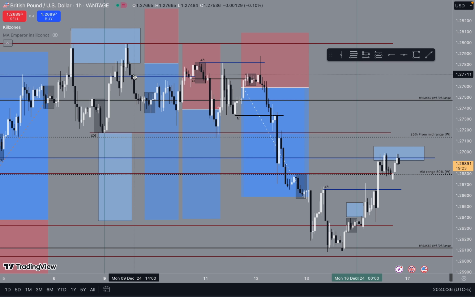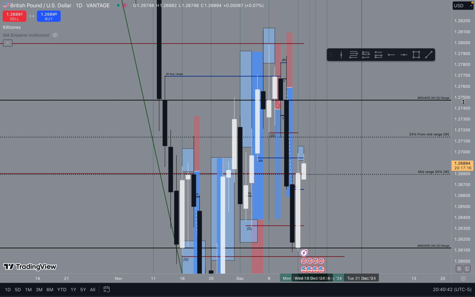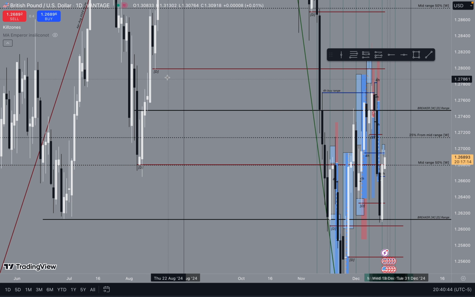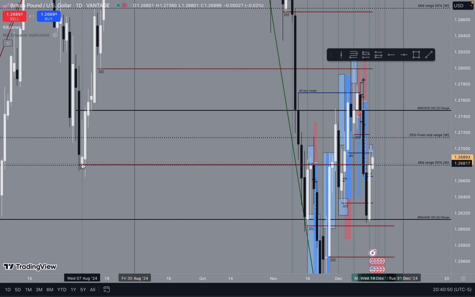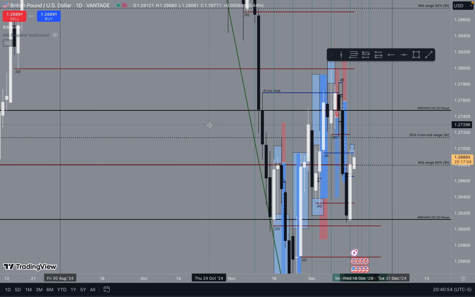This is a 1 hour time frame, and we try to check the daily. So this one is the swing low, the daily key level, and this one is the other swing low of the daily key level, and the breaker of the weekly daily range.